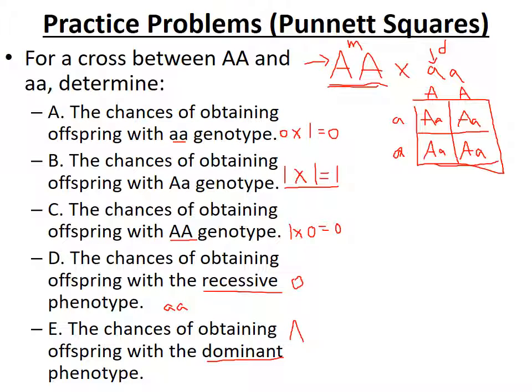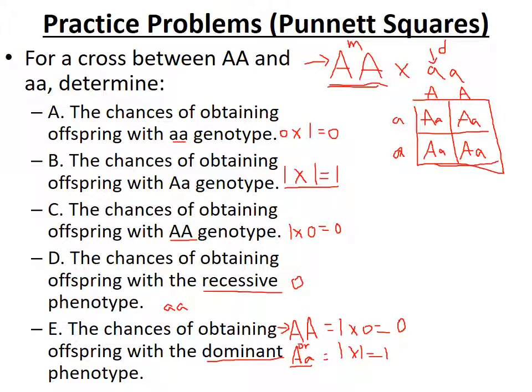The dominant phenotype, well, there's a few things that could mean. That can mean big A, big A, or big A, little a. So this is an "or" situation. First, we'll find the chance of getting big A, big A. So big A from mom, 100%, and big A from dad, but dad didn't give any, so it's 0. The other possibility to have the dominant phenotype, the "or", is big A from mom is 1, little a from dad is 1, so 1.